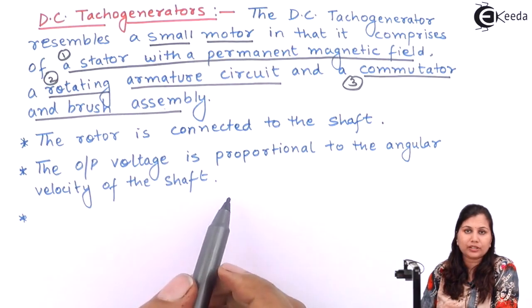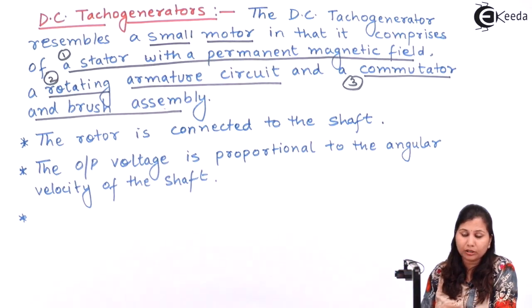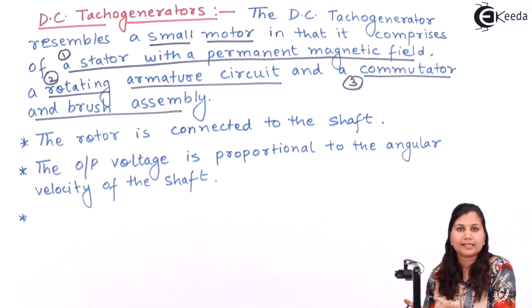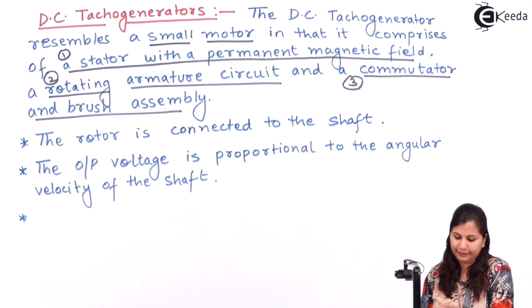Now the polarity of this output voltage depends upon the direction of rotation of the shaft, that is, in which direction the shaft is moving, either clockwise or anti-clockwise. Depending upon that, the output voltage will have that polarity.